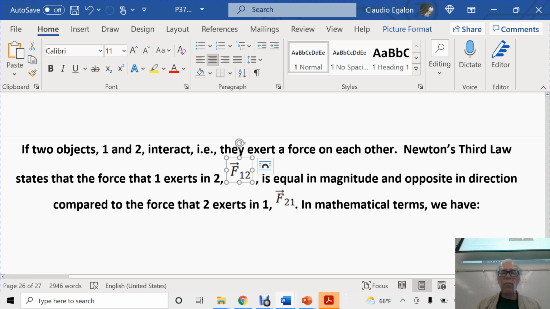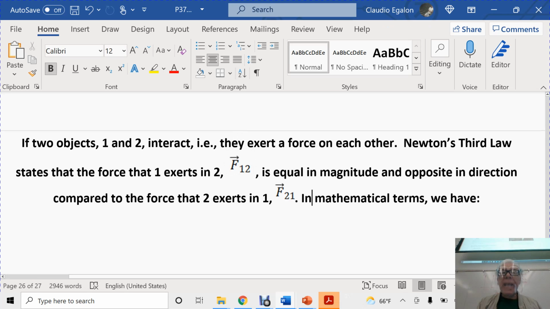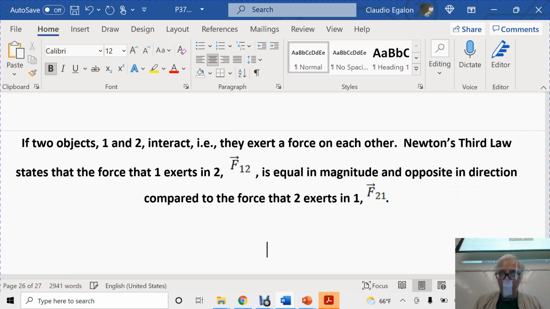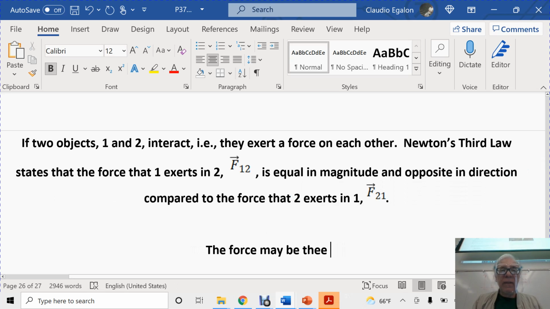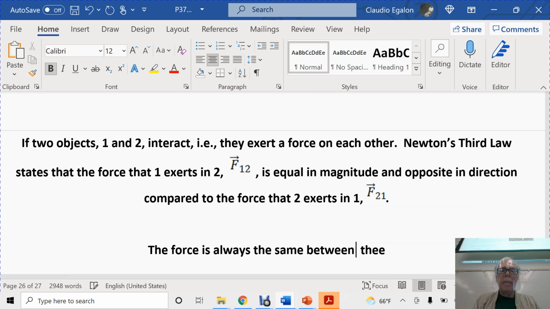The force may be the same, but the acceleration may not. The force is the same, not maybe. The force is always the same between interacting objects.